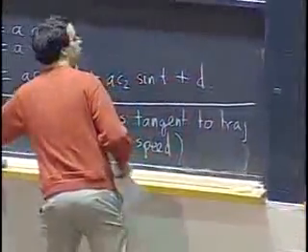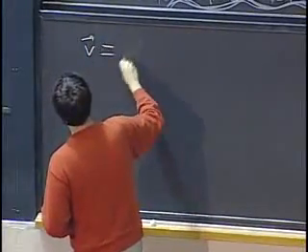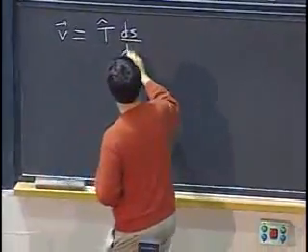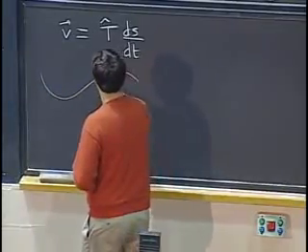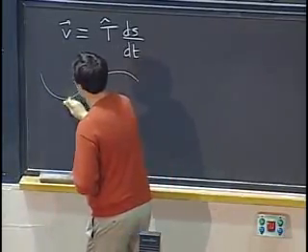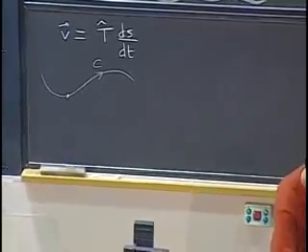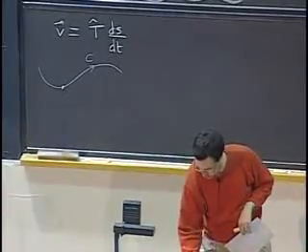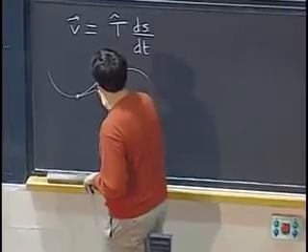So just to provoke you, I'm going to write again that formula that v equals T hat ds dt. What do I mean by that? If I have a curve and I'm moving on that curve, well, I have the unit tangent vector, which I think at the time I used to draw in blue, but blue has been abolished since then. So I'm going to draw it in red.